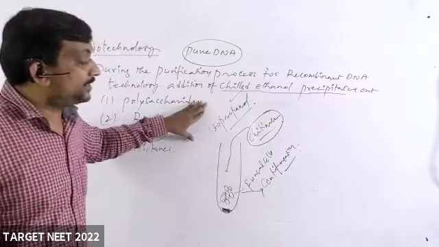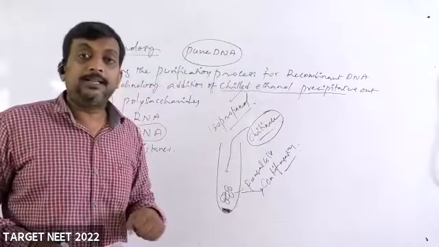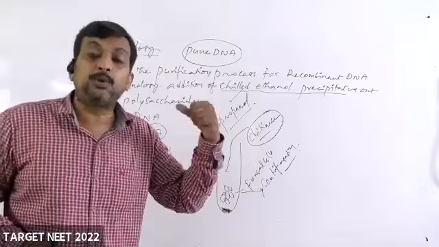If the DNA is associated with protein or RNA, the restriction enzymes will be unable to recognize it.